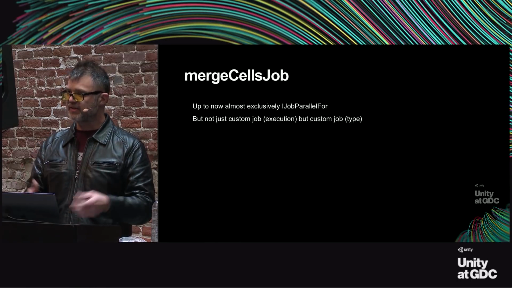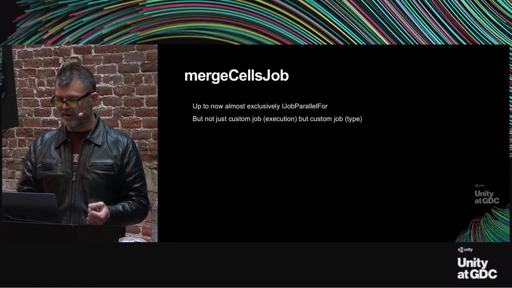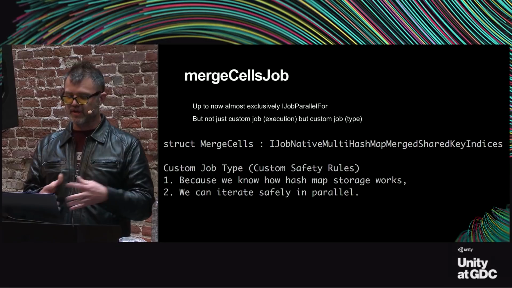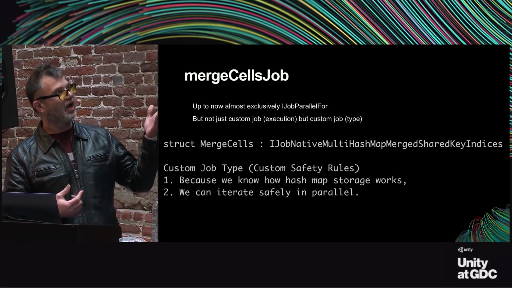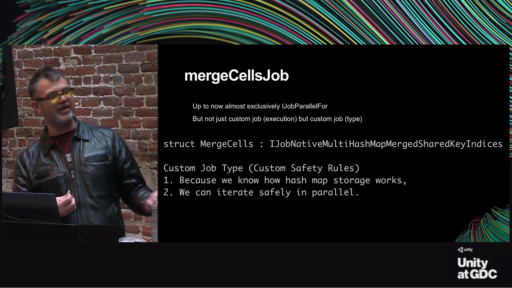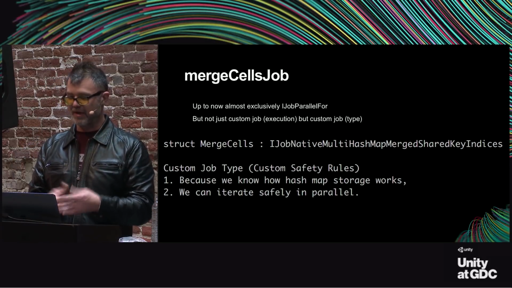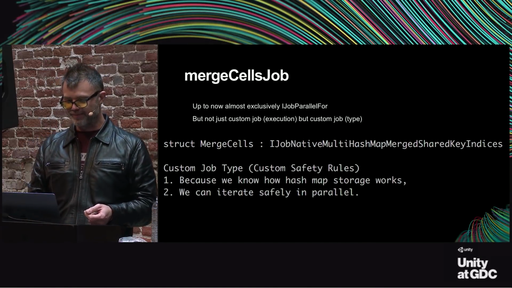And when you understand the data and you understand the data layout, that becomes critically important or valuable. So in this particular case, I created my own custom job type, which I like to call IJobNativeMultiHashMapMergeSharedKeyIndices. I'm open to alternative names, but that's mine.